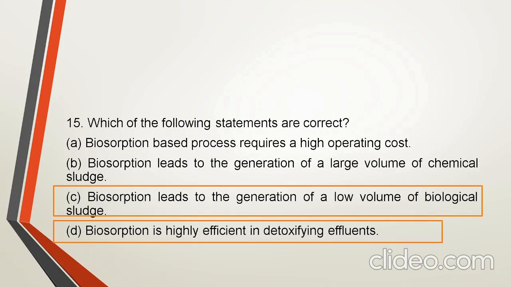We have very little amount of sludge to handle. Okay, sludge would depend on. But sludge generation is one of the major things you'll have to address. But in chemical, it will be more, right? There would not be any chemical sludge.